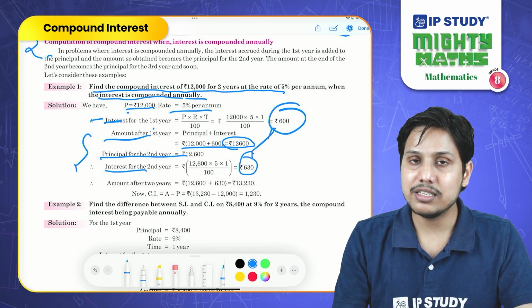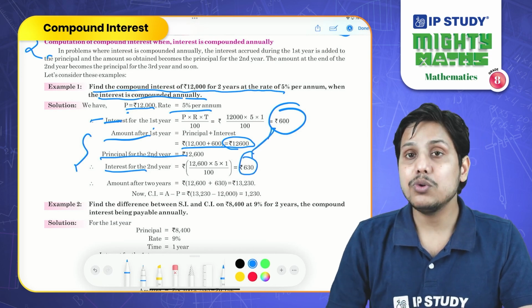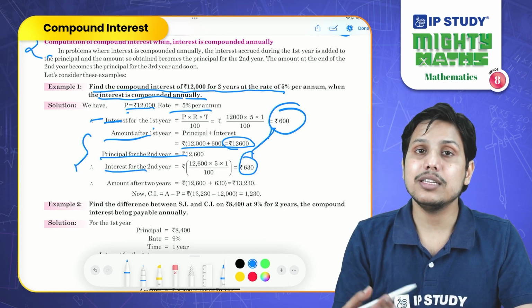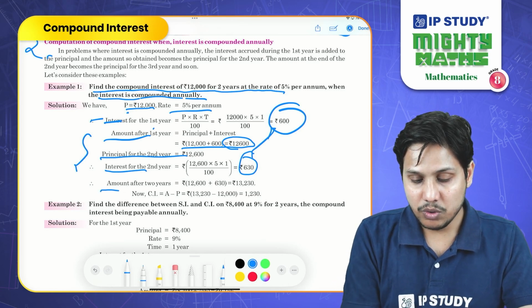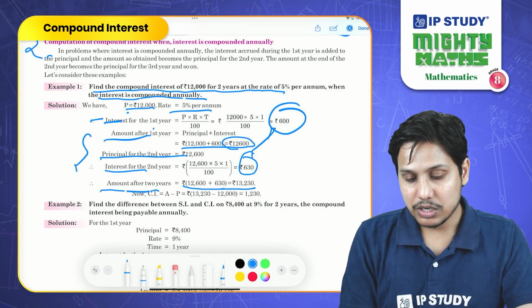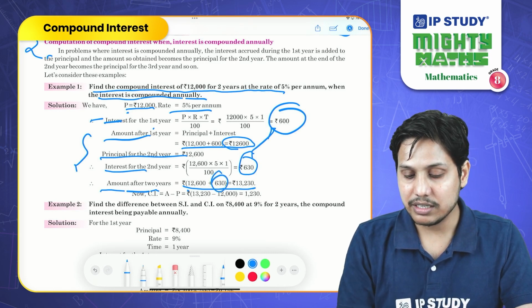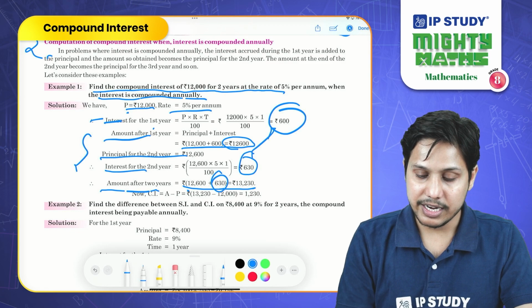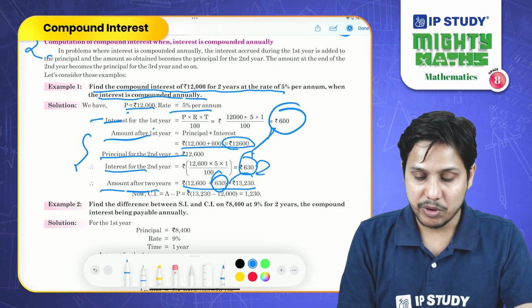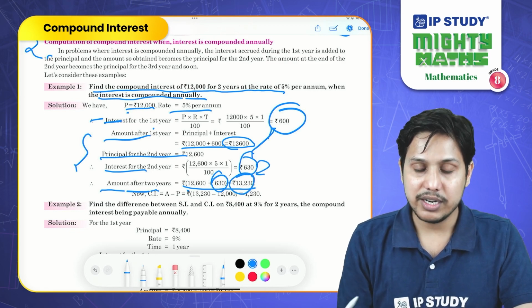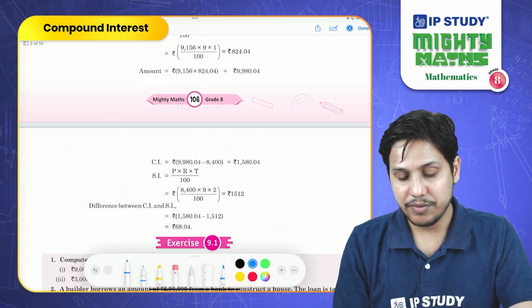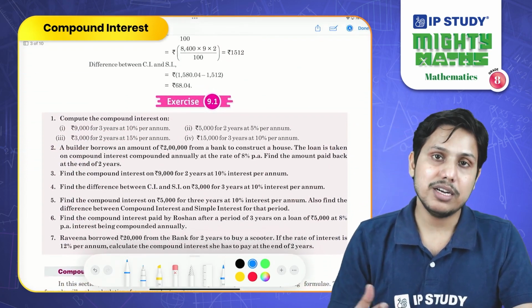So you see the interest every year gets increased due to the change in the principal amount. Now after 2 years, the total amount will be 12,600 after the first year and 630 after the second year as interest, so the total amount will be 13,230 rupees. Yes, so this is the way of finding out using the simple interest formula.